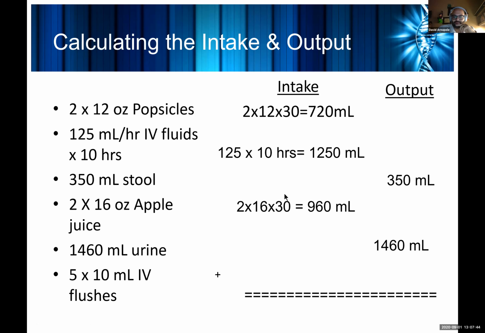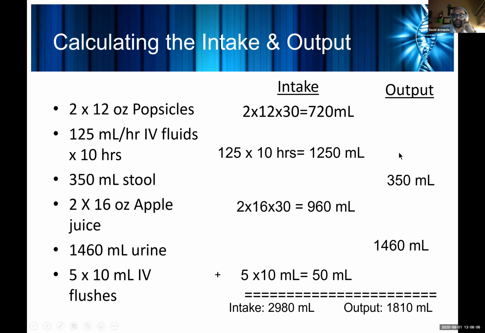It's your output. And then those flushes. Those flushes are just little syringes that we use to push medicine or other things into it. So we're flushing it with just 5 of them. So that gives us 50 mils. And now if you set it up on your note card the way I just showed you, you could just add one side versus the other. So your intake when adding all together would be 2980, output 1810.